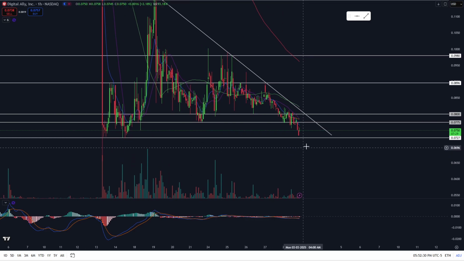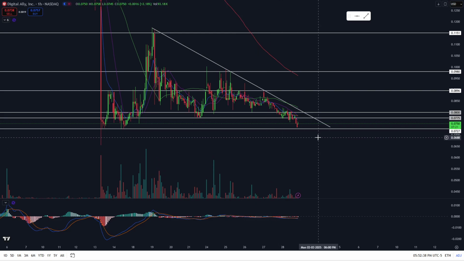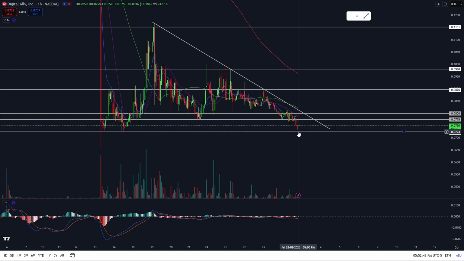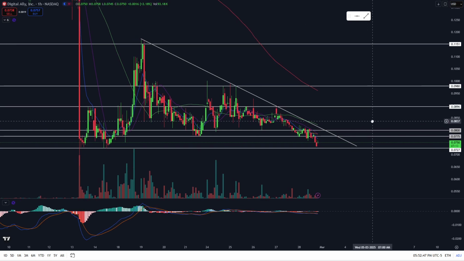So you see that it's bounced off this 727-ish number multiple times. So for me, at least as of now, of course anything could change, this is pretty much retail's bottom on this stock, and it's just fighting this downtrend right here, okay?